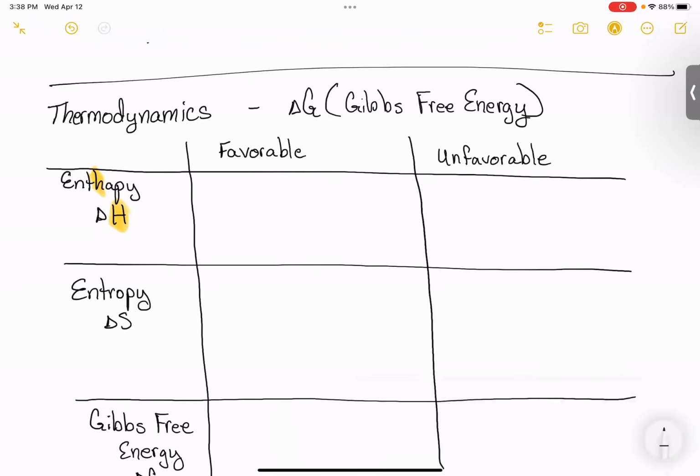Now, if an enthalpy is negative, that is a favorable process. That means that it is an exothermic reaction, and it means that heat is a product of the reaction.